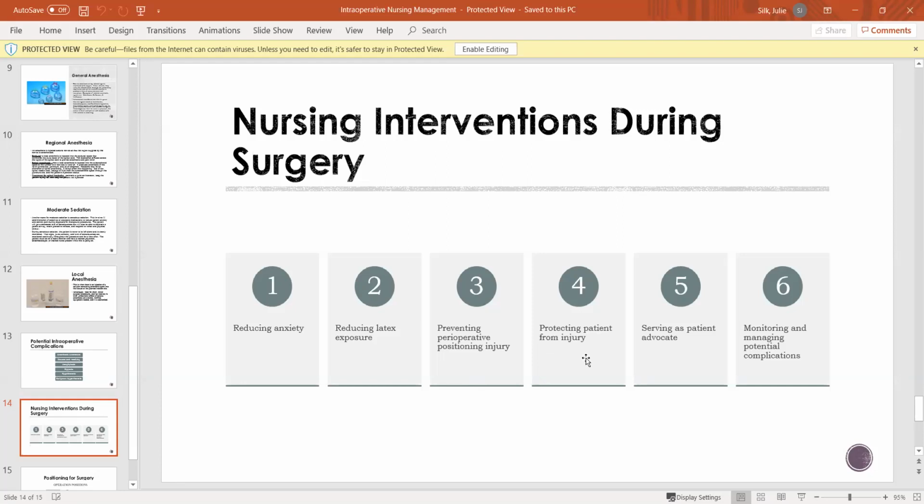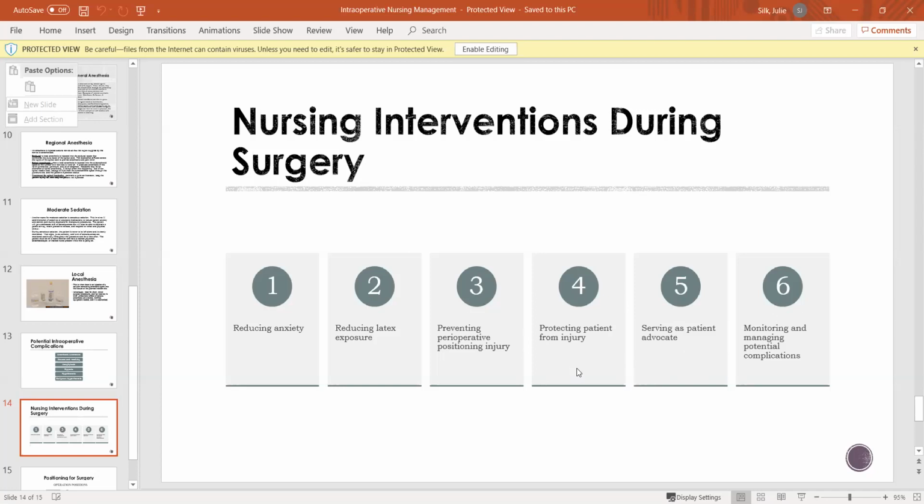You also need to protect the patient from injury. So again, being an advocate, if you see that someone is breaking sterile technique or anything, you need to say something. And that goes with number 5 here. But also, in surgery, they have a grounding pad, which I don't know if you know what I'm talking about, but it's a pad that you would put under the patient in surgery, so that if there was an electrical current of some sort, they don't get electrocuted.